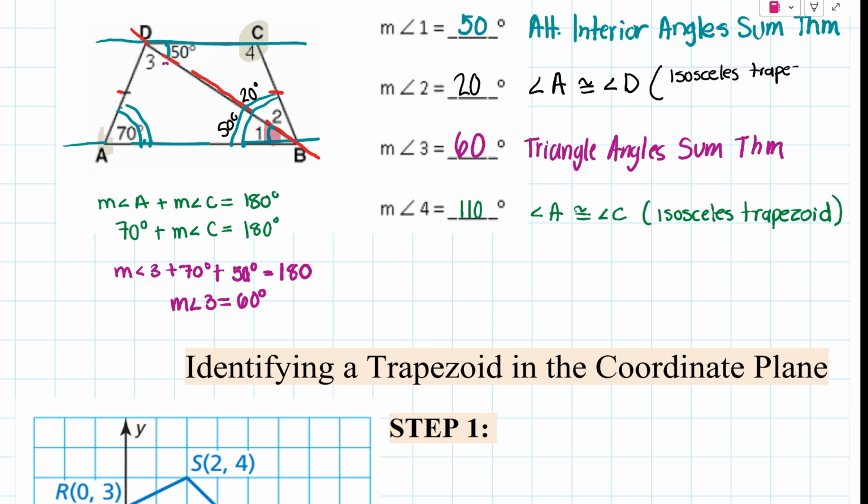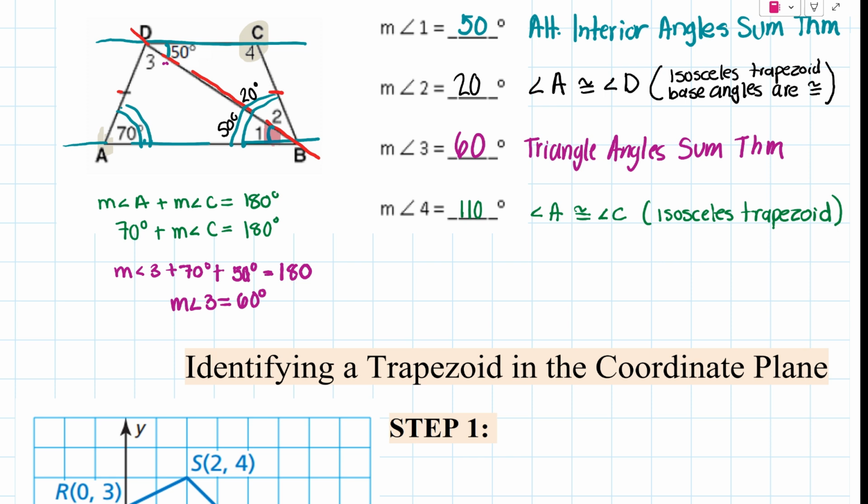Not angle D, but angle B. And that's because base angles are congruent when you have an isosceles trapezoid. So make sure you have angle B on there.